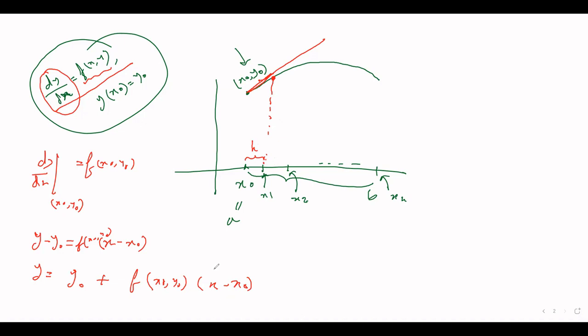Now, if you put x equals x1, then this becomes x1 minus x0, which is h. This is f of x0, y0 as before, and this is y0. And what we are getting is y1, not actually y1, but the approximation y1 cap.